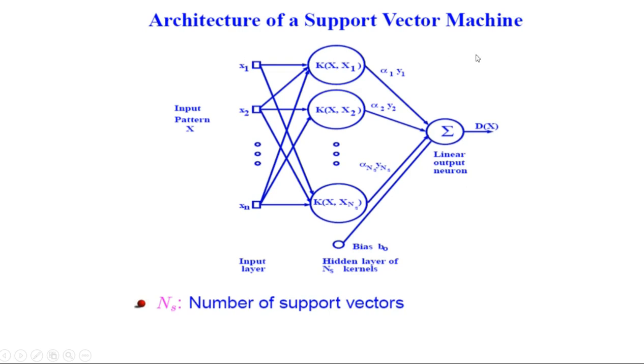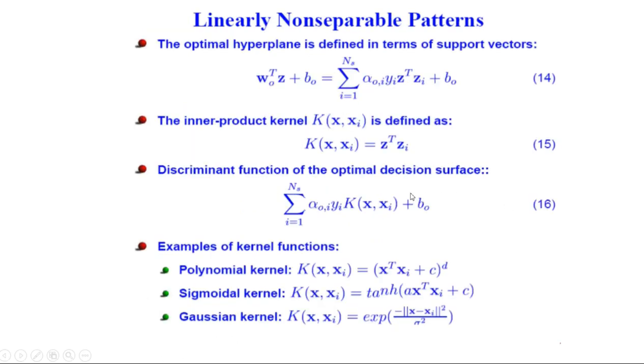This is the architecture of the support vector machine, you can note it down. It also looks like a single layer neuron, as you can see in this architecture diagram.